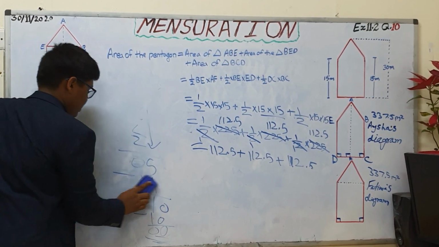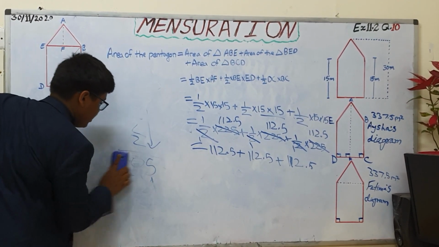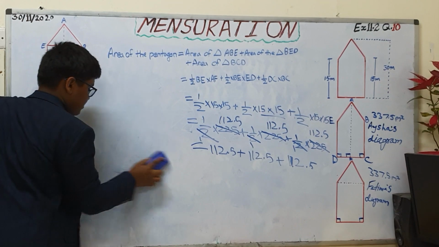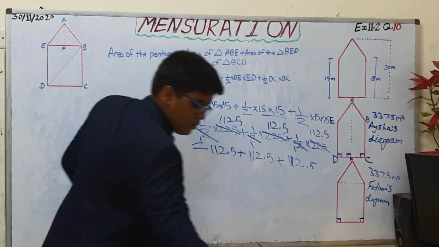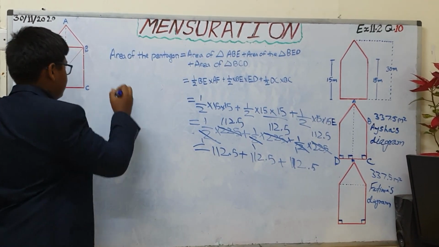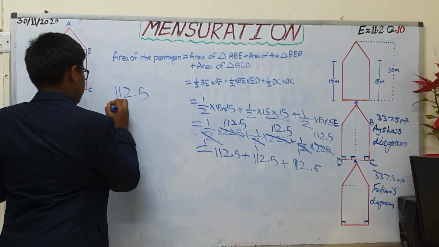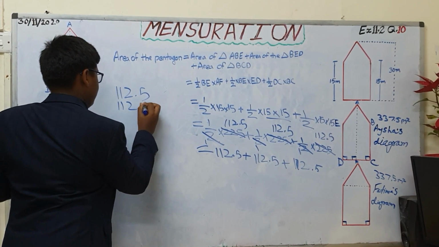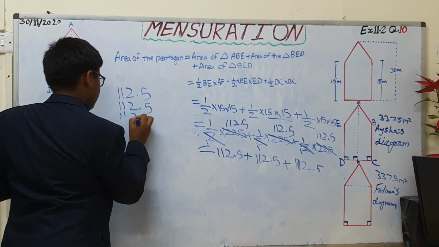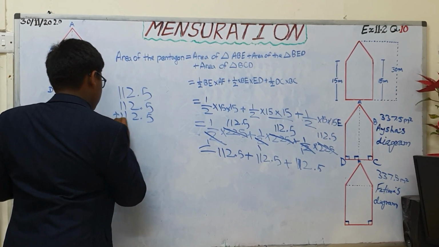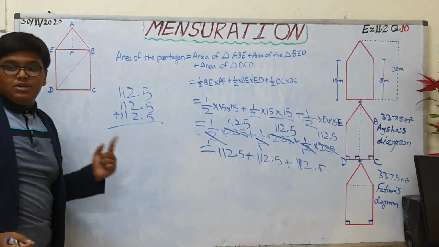Now we are going to add them all to find the area by our method. Let's do this: 112.5 plus 112.5 plus 112.5. Now, three same numbers.